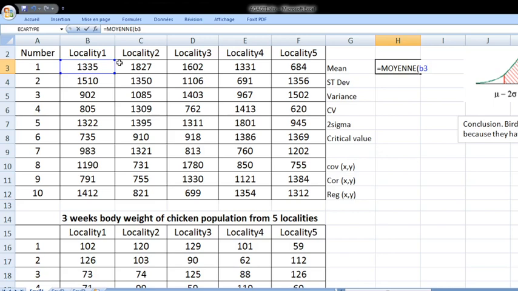Perfect. And then till is here denoted by the colon, and then the end of my data range, that is F12, and then I close the bracket. Then I validate, and I now have my mean.